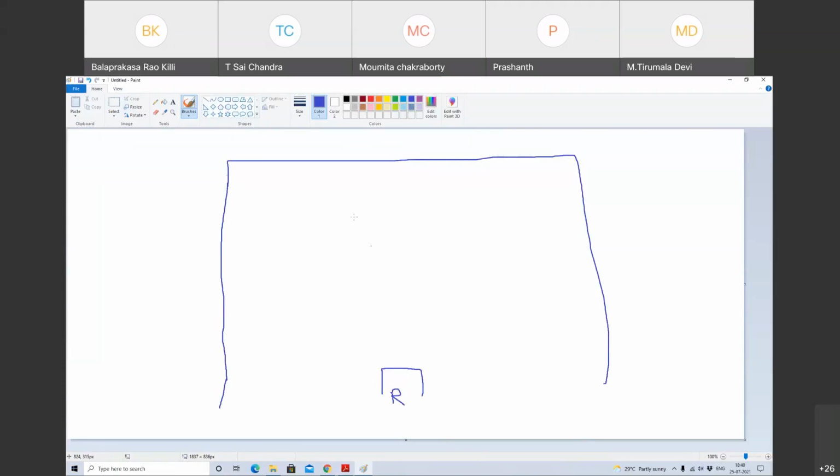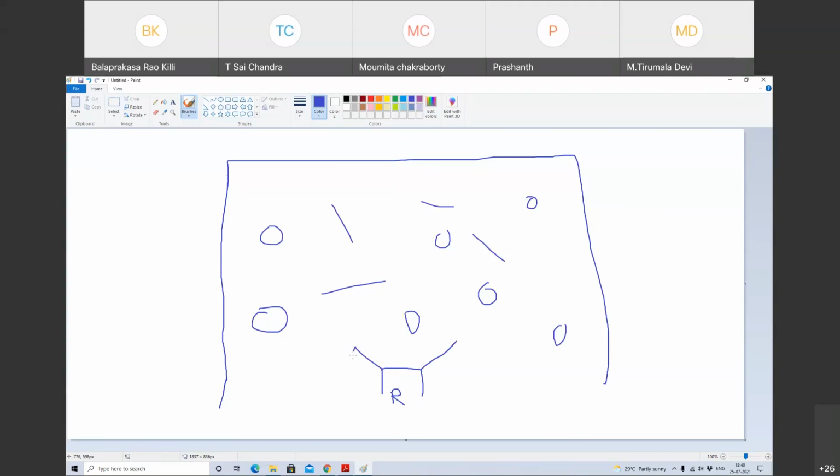Now the robot has to reach the other end of the room. And this ground or room has some objects somewhere in between, like this. Objects are there here and there in between. This side also objects are there. Now let us say the possible actions for this robot are moving left or moving right.